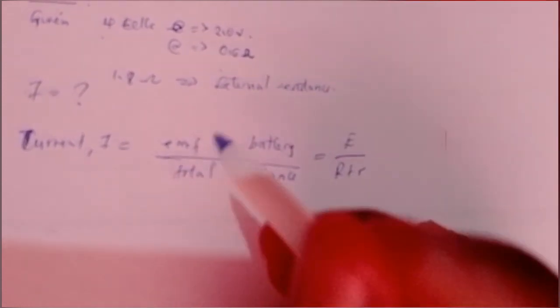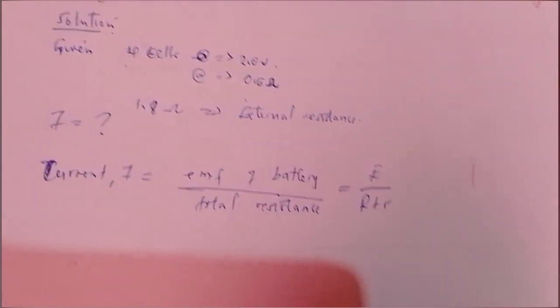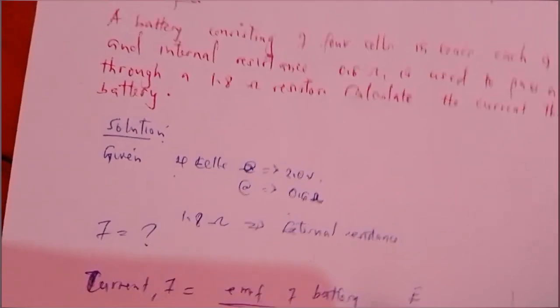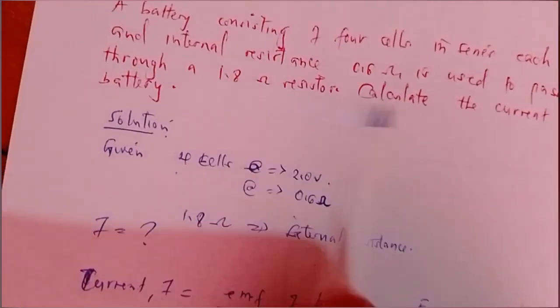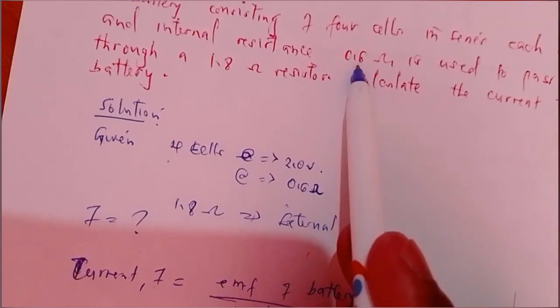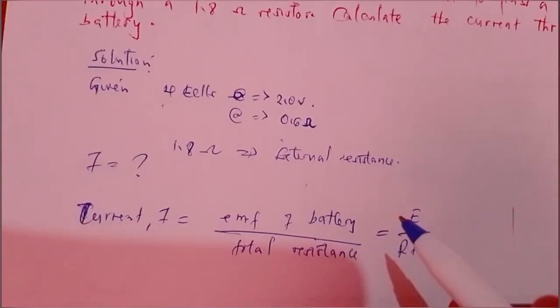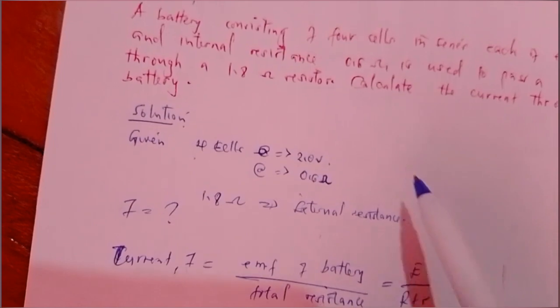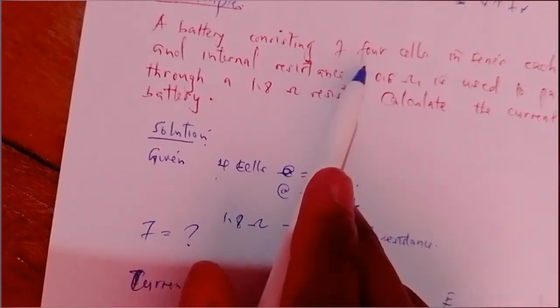While the internal resistance of the battery is the sum of all the internal resistances of the cells. Each cell has an internal resistance of 0.6 ohms. So the total internal resistance will be 0.6 times 4 cells.